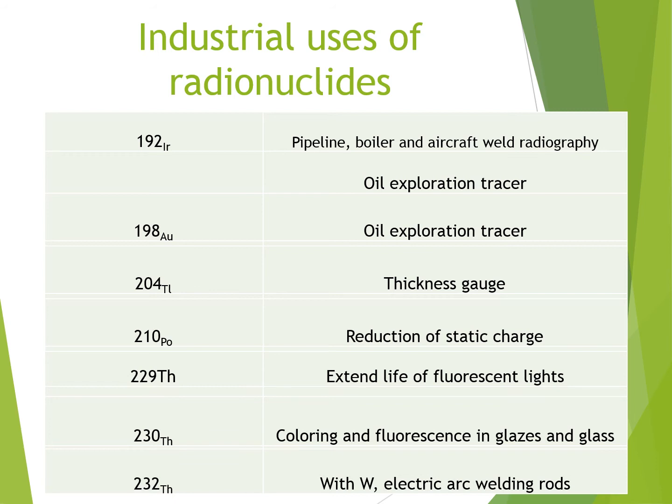Like we have different energy savers being used in our home, so their lifetime can be extended by using isotope of thorium 229 in them. Then we have thorium 230 isotope, and it is used as coloring and fluorescent in glazes and glass. And we have thorium 232.